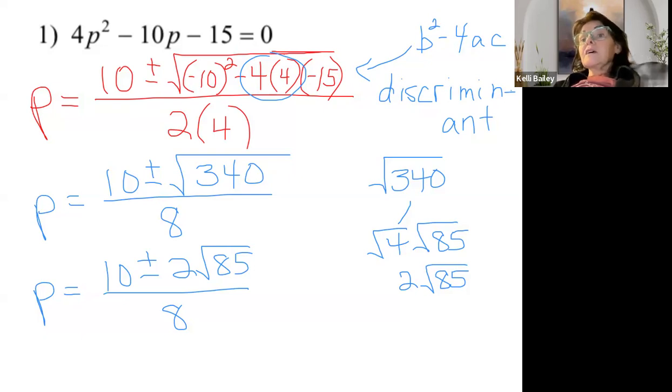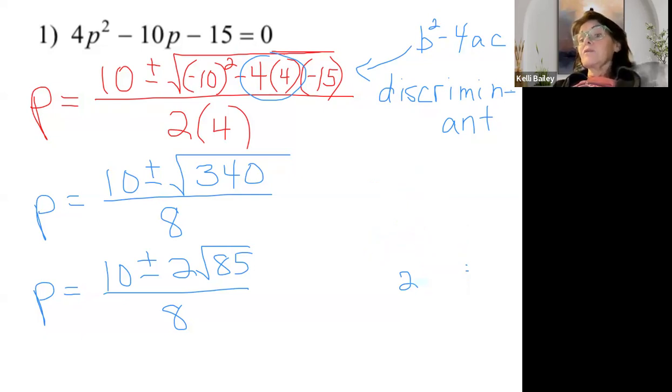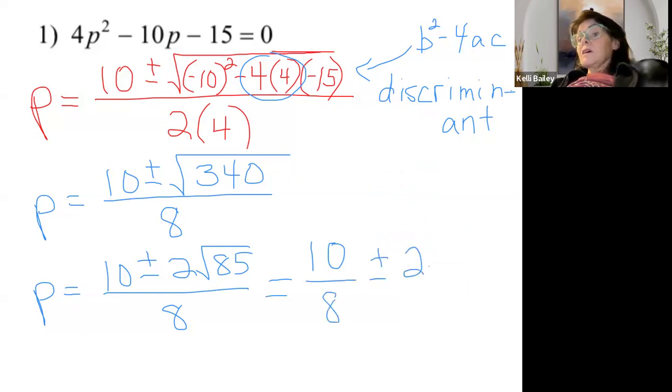So I'm going to split that out into that binomial, 2 terms. I'm going to write it as 10 over 8 plus or minus 2 times the square root of 85 over 8.